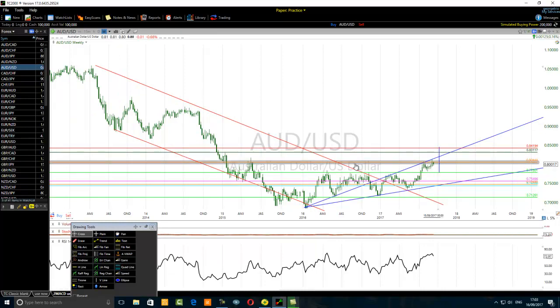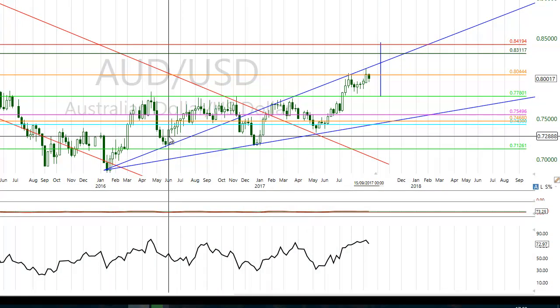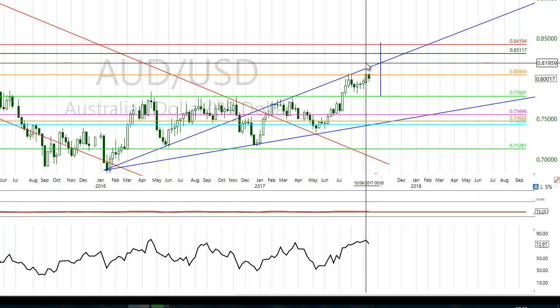The midpoint target is the orange line here, and I want traders to draw on their weekly chart a trend line, connecting this point here where my cursor is, the week of June 3rd and the week of September 8th.